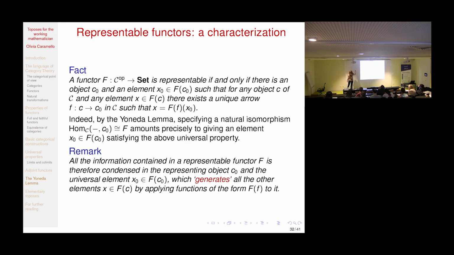So this is, in a sense, the center of symmetry for the functor. So once you understand that, basically you understand the full behavior of the functor. This is why it's very, very important to try to investigate representability for functors arising in concrete mathematical situations. Okay.